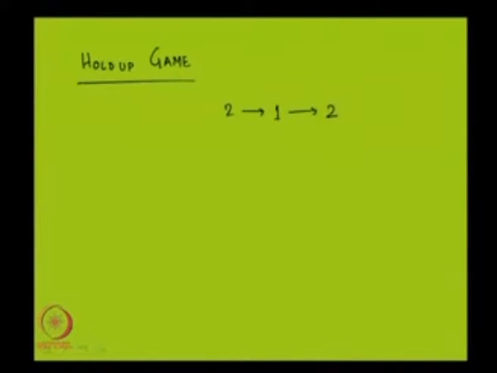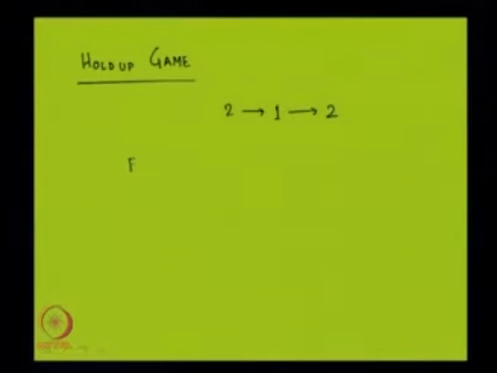And what does player 2 do in the beginning of the game? Well, player 2 can do either of two things. Player 2 can either exert little effort, which we shall call effort E. E could be less. If he exerts less effort, then the size of the pie is small.